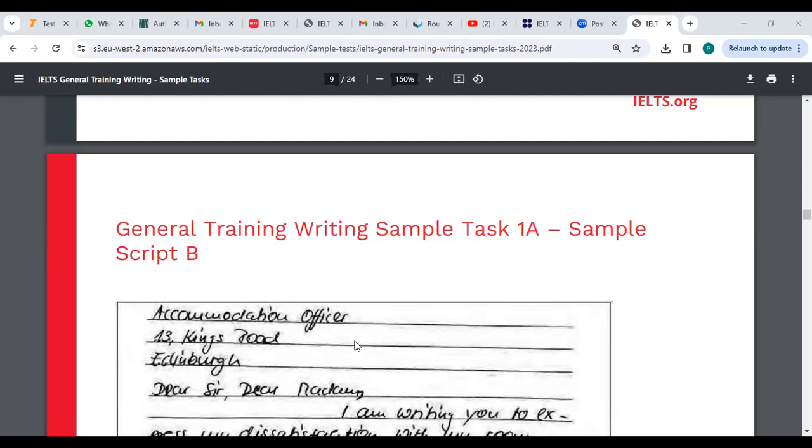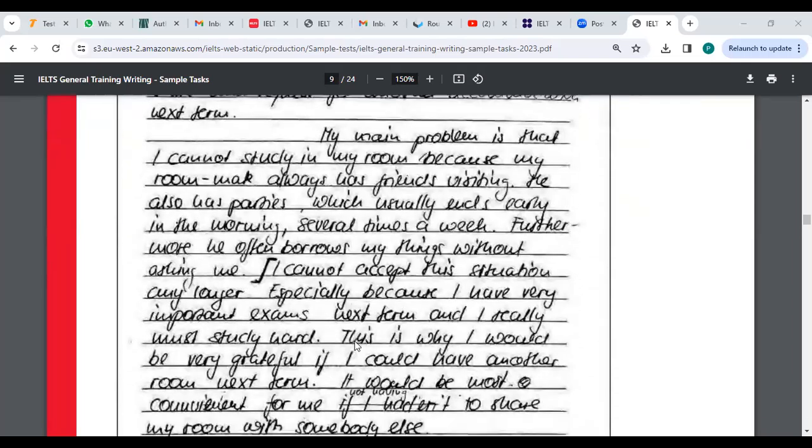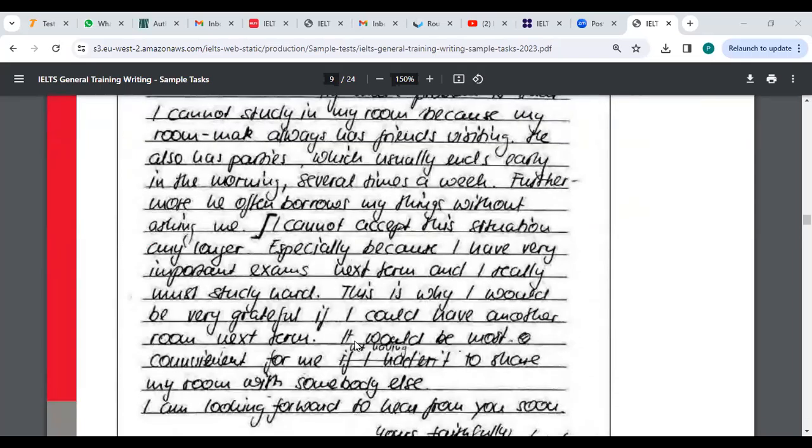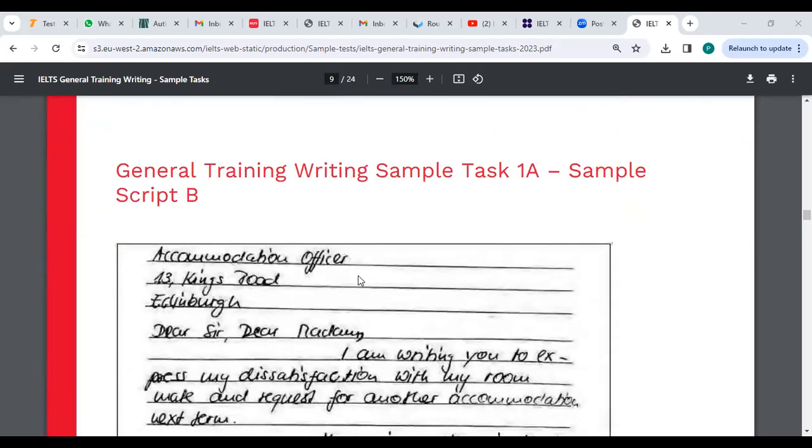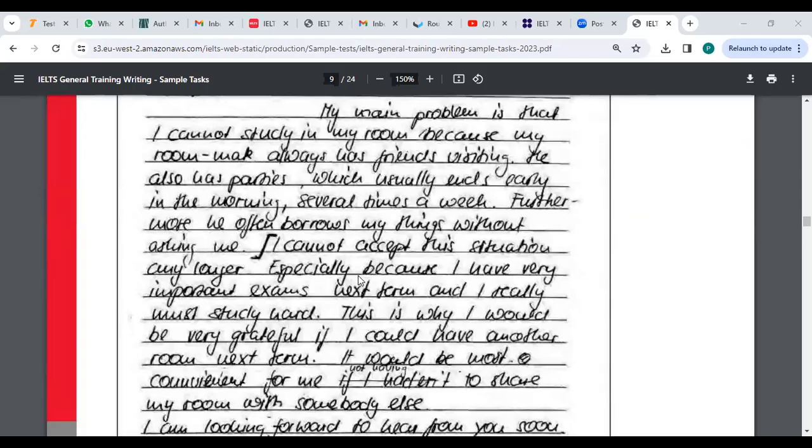We can broadly categorize them into five areas: task achievement, lexical resource, grammatical range, spellings, and punctuation. These are the areas the examiner will always look at to score and grade you.